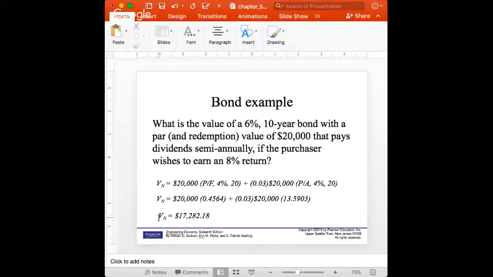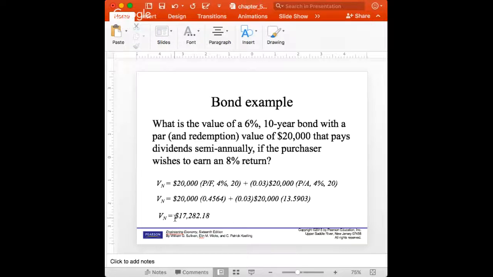We find out that the value of this bond to this purchaser is $17,282. How does that work? That means that this purchaser, with 10 years left on this bond, will purchase a 6% 10-year bond, $20,000 face value that pays dividends every 6 months.